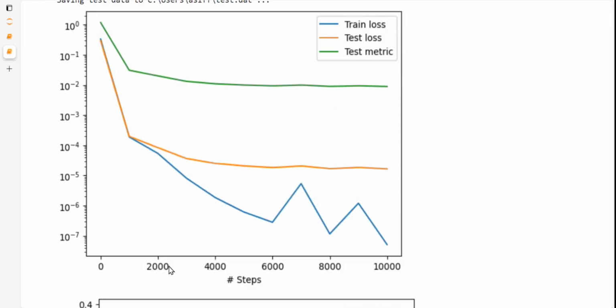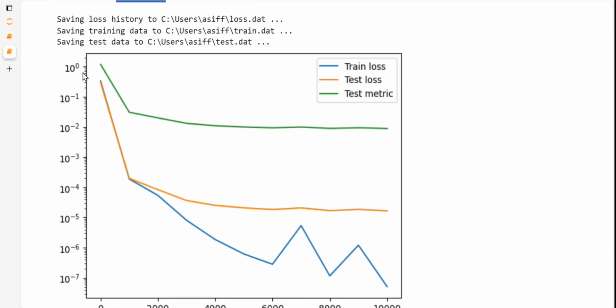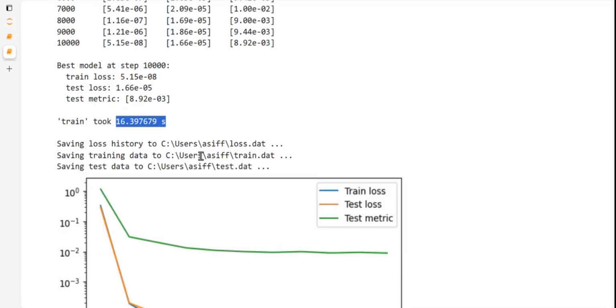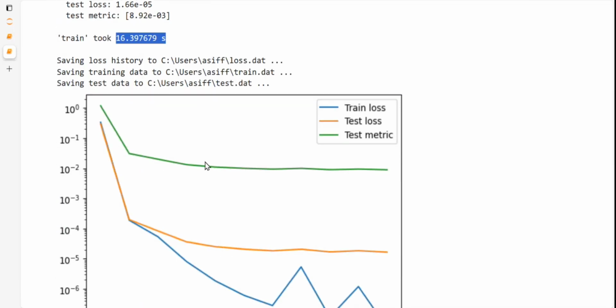On the x-axis, we have the number of steps, and on the y-axis, we have the loss. The blue line shows the train loss, orange shows the test loss, and the green one shows the test metric. You can see that the test metric is very low. It can be improved by taking more points.